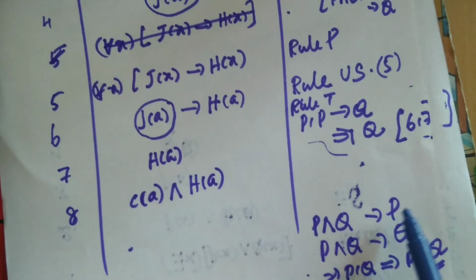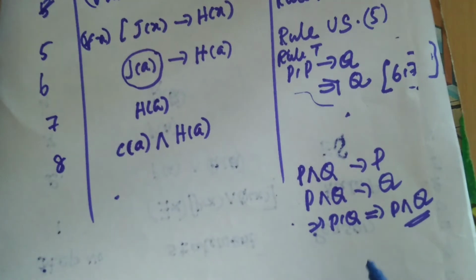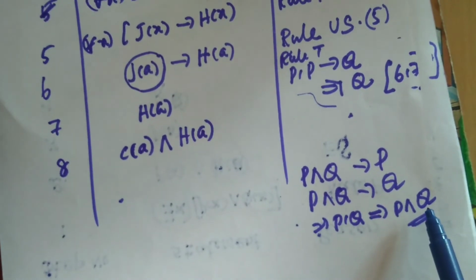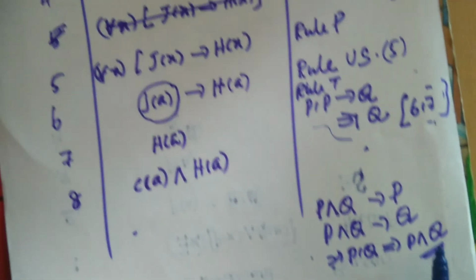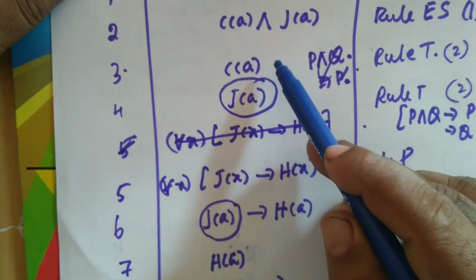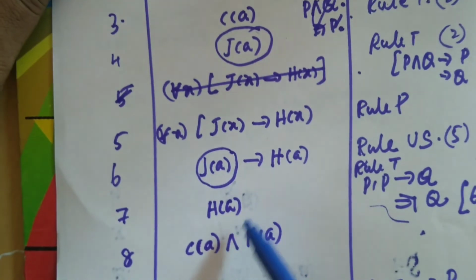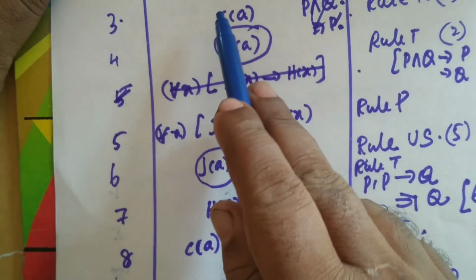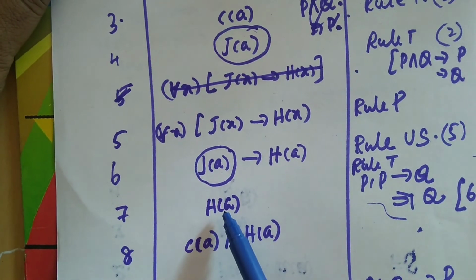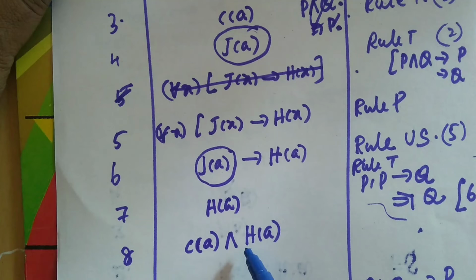P and Q implies P, P and Q implies Q. That means P comma Q implies P and Q. So from equation number 3, that is C of A, and equation number 7, that is H of A, we can write P comma Q. C of A is P, H of A is Q. Then P and Q we can write.